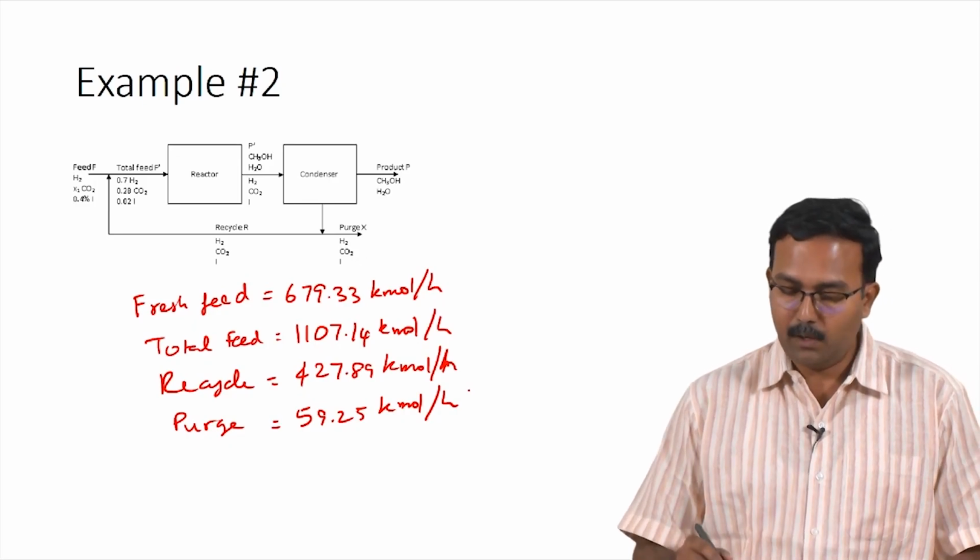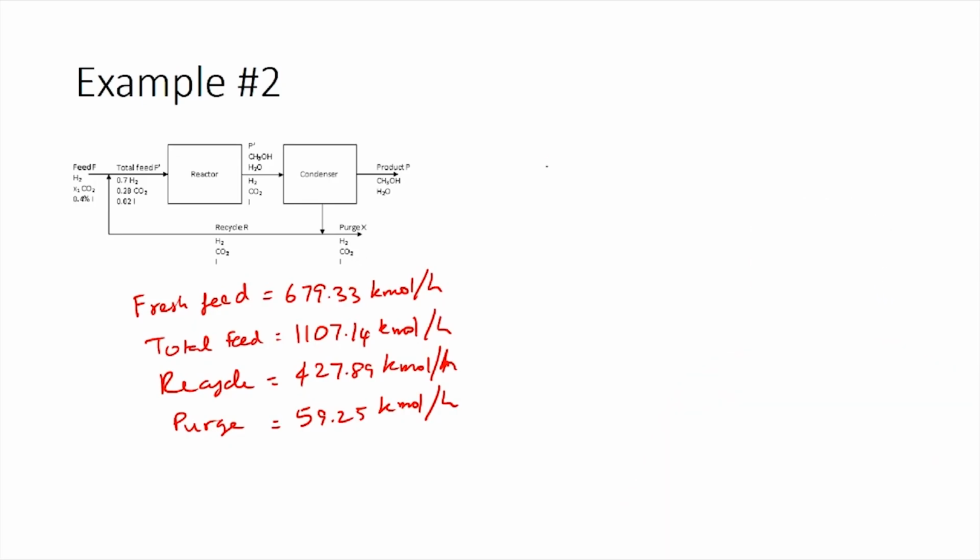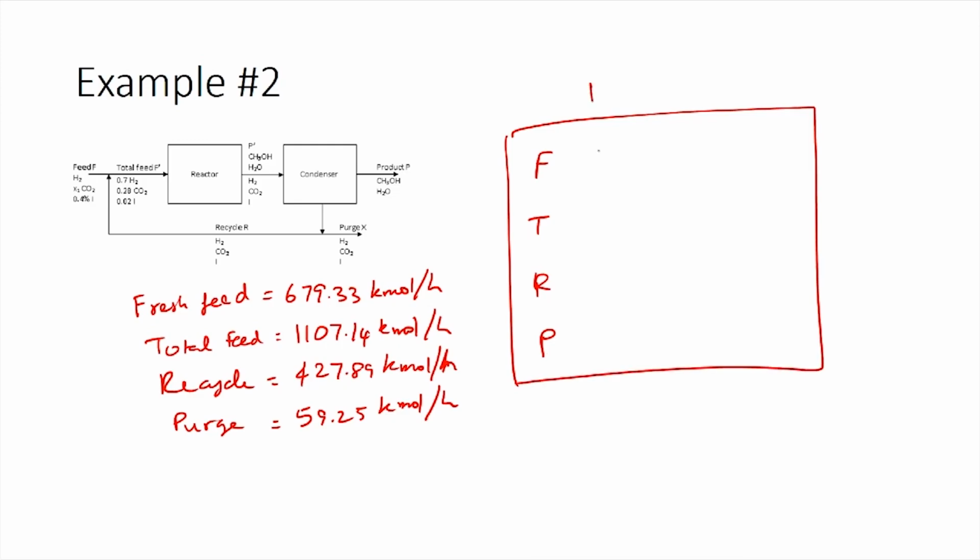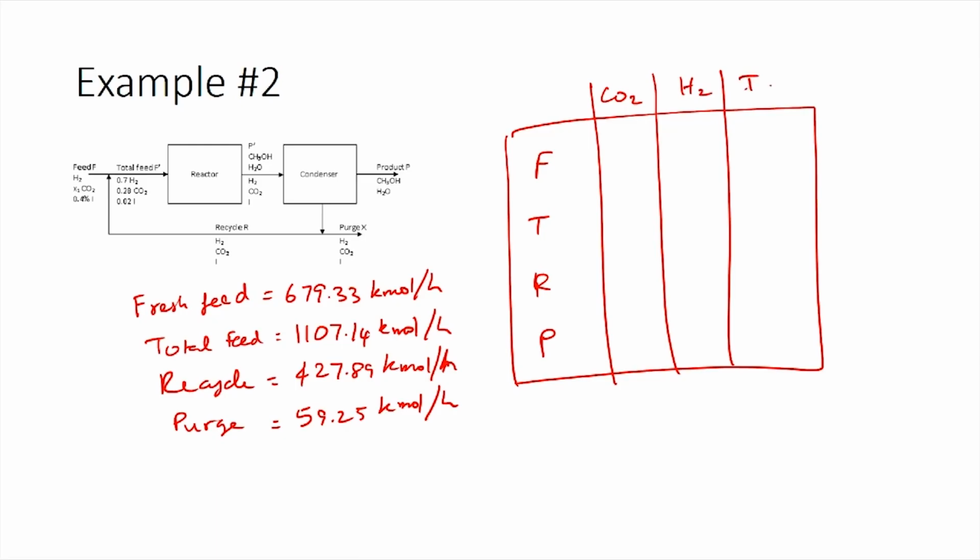So, with this we can also calculate the compositions. Let us just call the streams F, T, R and P. Let us calculate the compositions for the different components: CO2, H2 hydrogen and inerts.